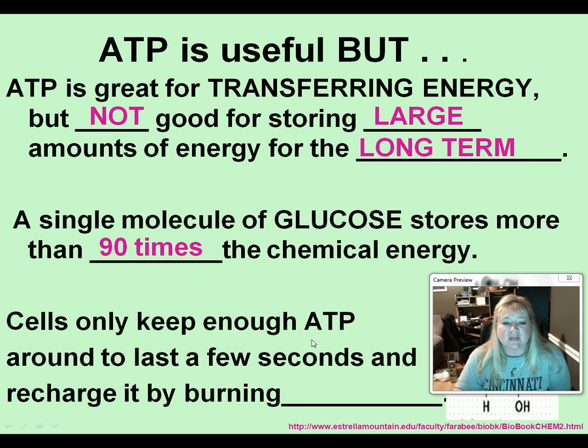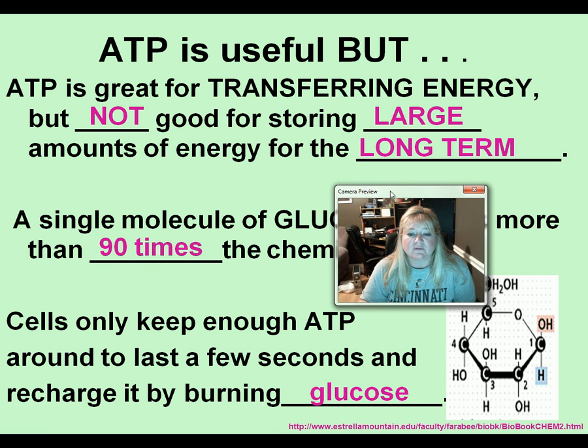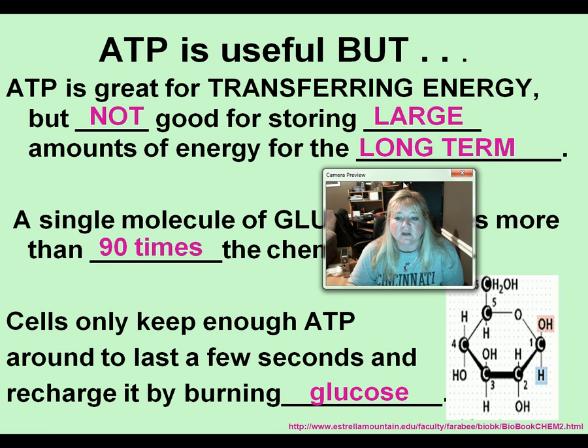So cells only keep enough ATP around to last a few seconds and then recharge it by burning glucose. Glucose is important to your cells to make ATP, and then that ATP gets used as needed.